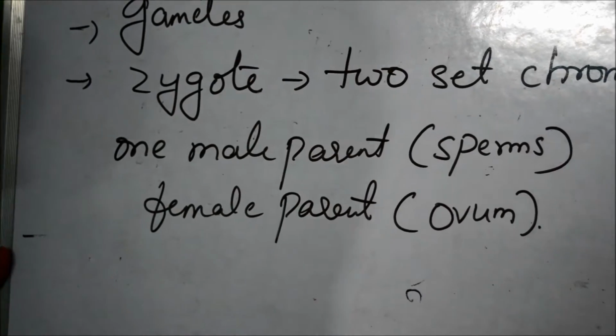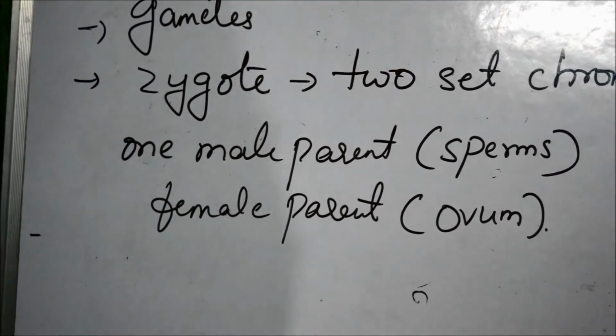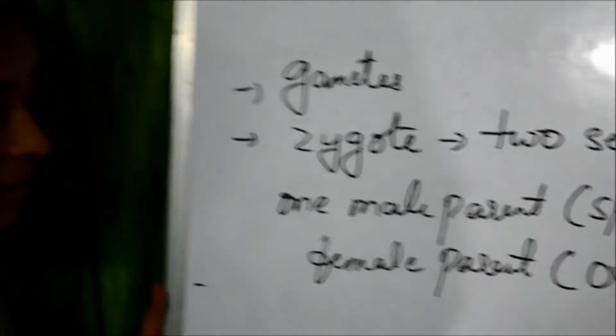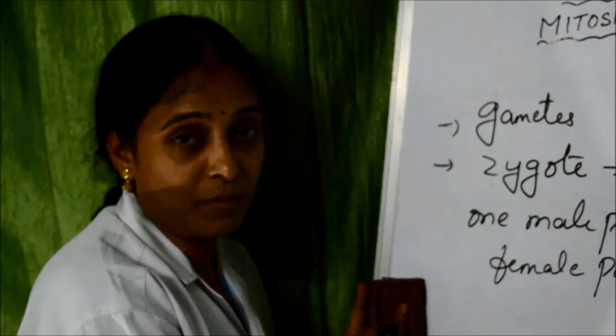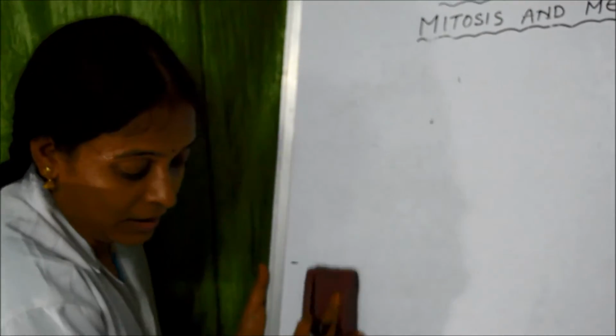Various organs increase in number through this repeated cell division by mitosis and meiosis. Let us see about it.